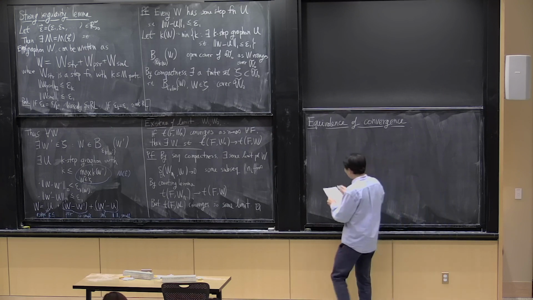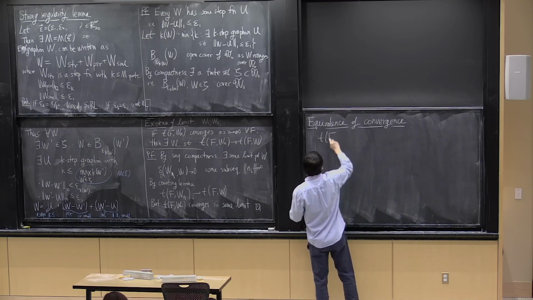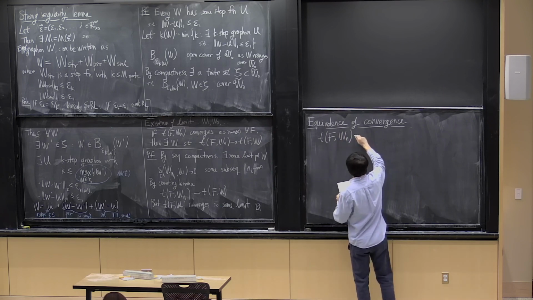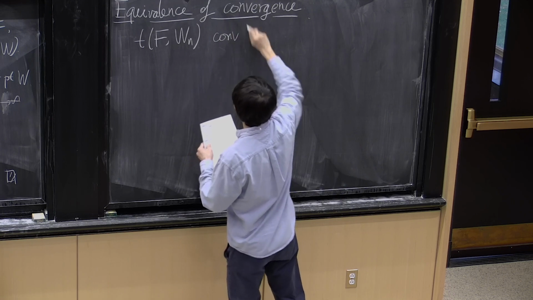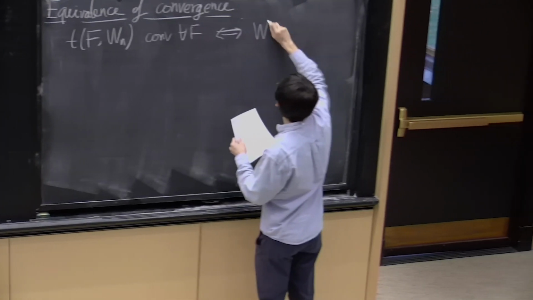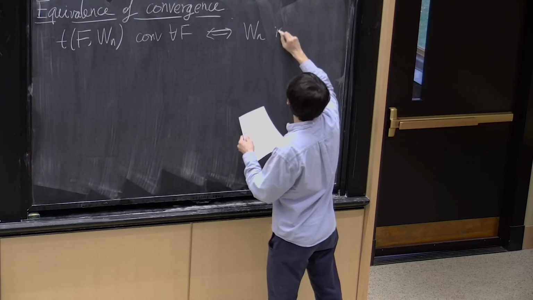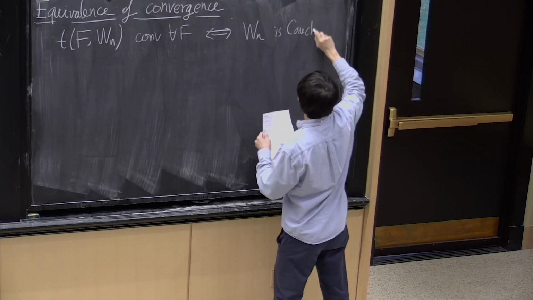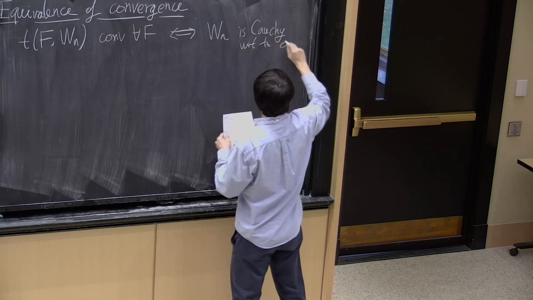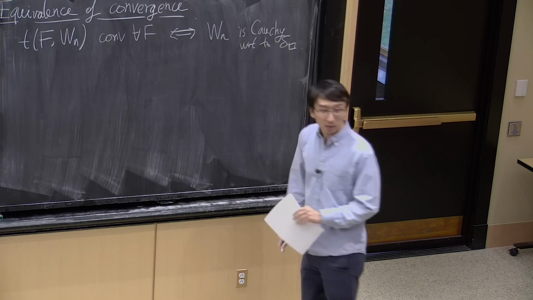So the goal here is to show that the F density converges is equivalent to the statement that W_n is Cauchy with respect to the cut distance.